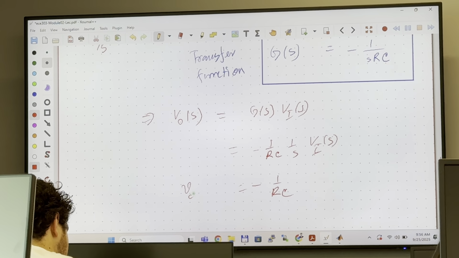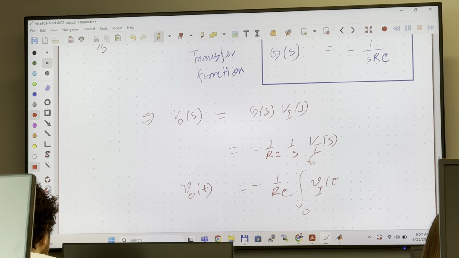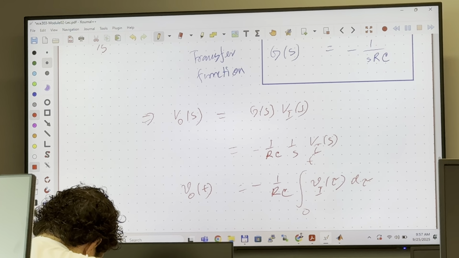So you get V output as a function of time. You simply write integration from 0 to t of Vi as a function of time. You actually write tau, because t is the limiting variable, so the integration variable is going to be different: Vi of tau d tau. So that's what it means. 1/s means it's simply an integrator. You guys understood the physical meaning of 1/s?